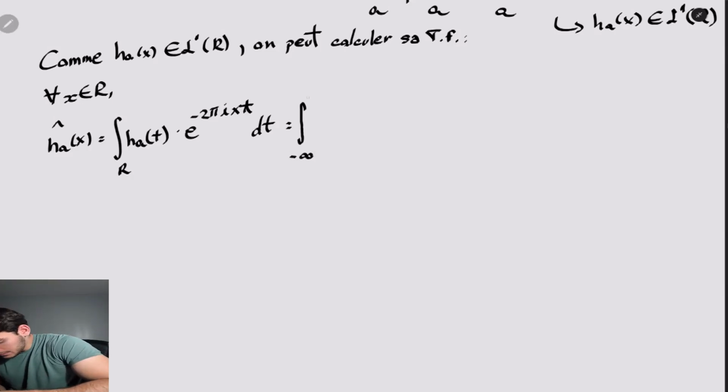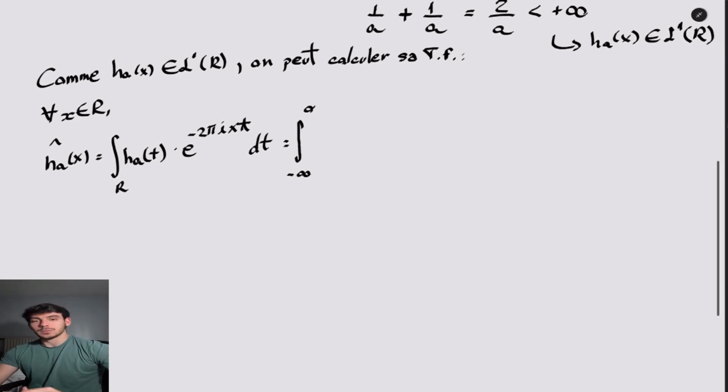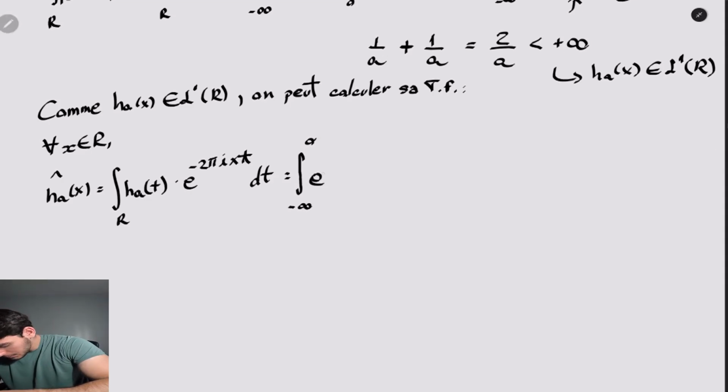We're going to have minus infinite to 0 here, and that's negative values for t. That means we will have exponential of a minus 2 pi i x t dt.